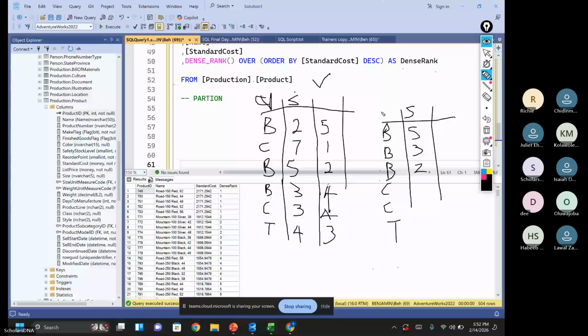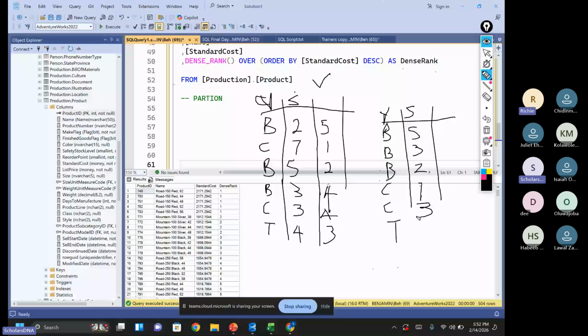And now Toyota Camry will be 7, and then 3, and Toyota will be 4.